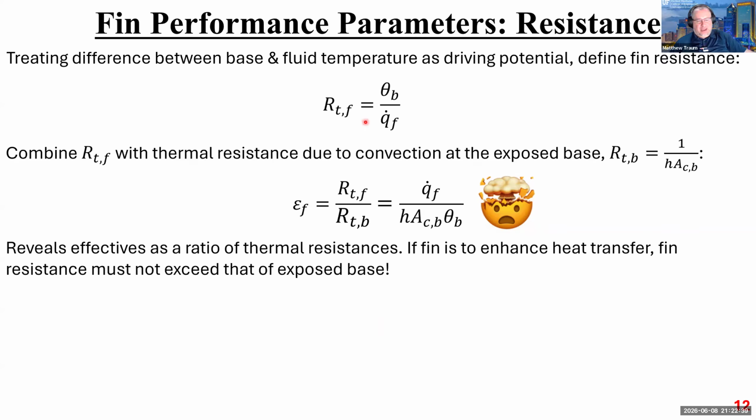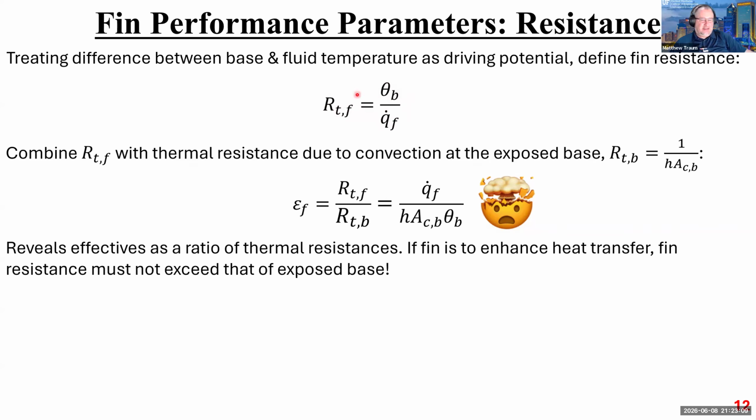So here we go, right? We actually can come up with the equivalent resistance. I think this is R_T, and sometimes T in the book stands for thermal and sometimes it stands for total. I'm pretty sure here it's thermal. So R thermal fin is just equal to the temperature difference between the base of the fin and the free stream temperature of the fluid blowing over the surface, divided by the heat transfer that the fin facilitates, right?